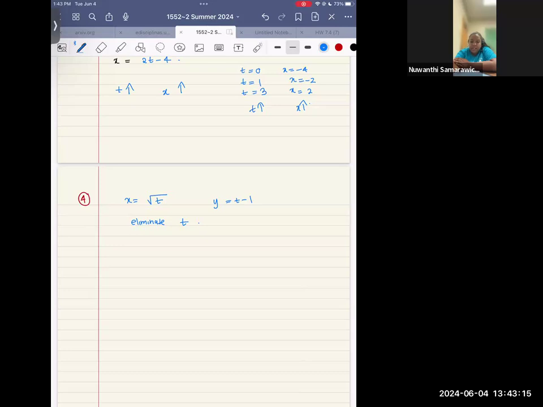The graph should be restricted because of this equation, x is equal to square root of t. Remember, I mentioned this in a previous example. So t should be positive, right? t should be positive, then x values should be positive. Okay.